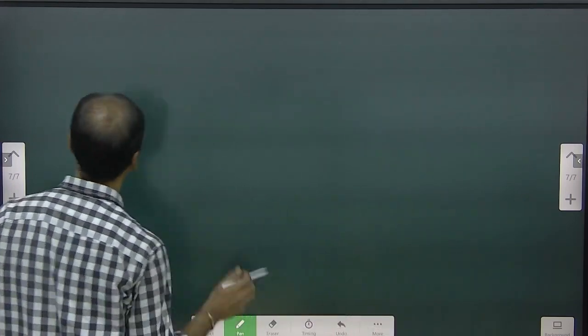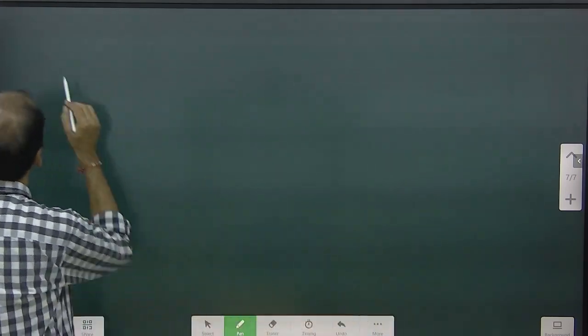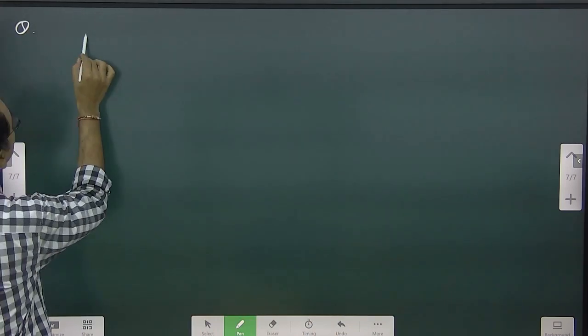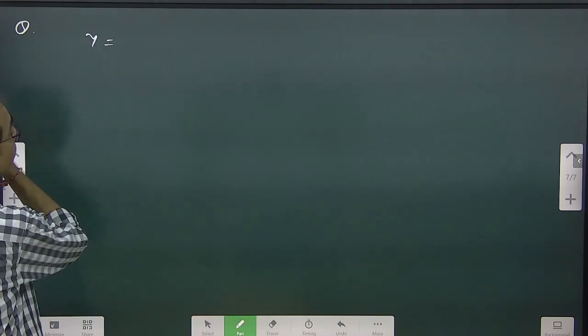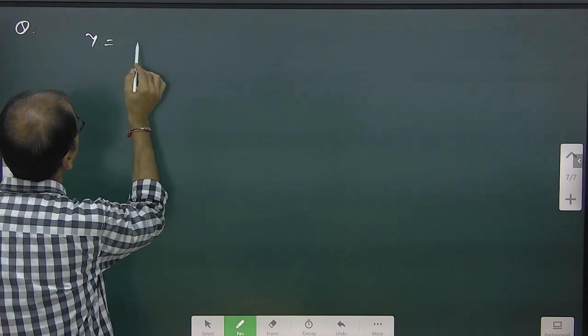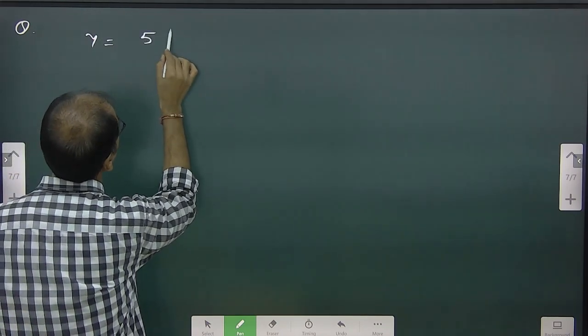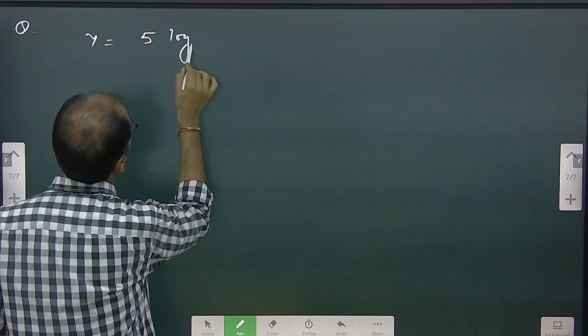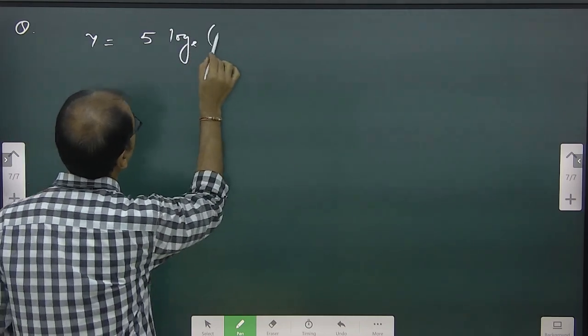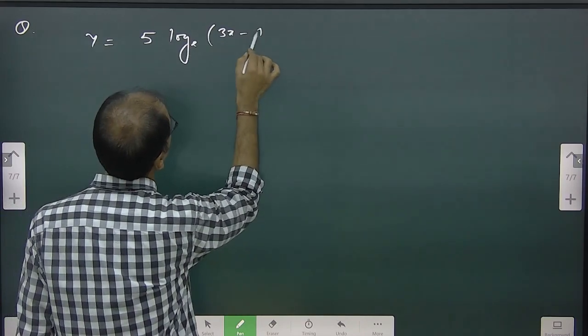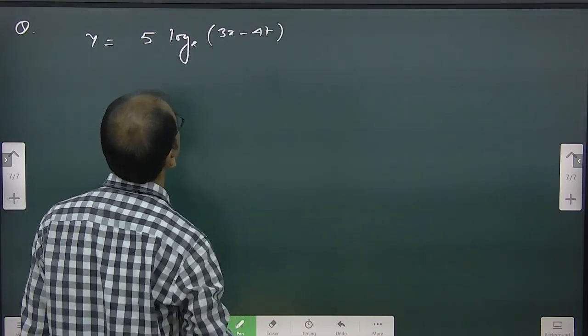Tell me whether that's a wave or not a wave. So another one is given to you. 5 log (3x minus 4t). This is given to you.